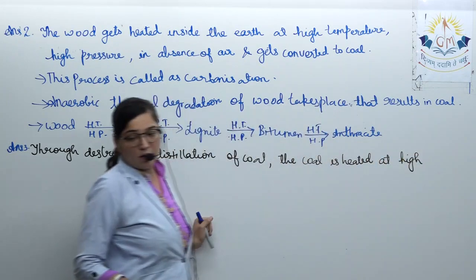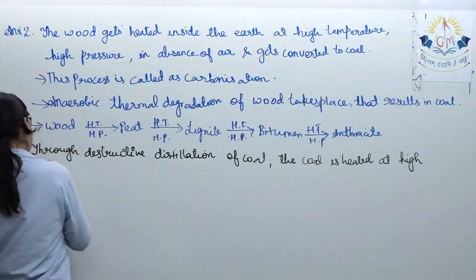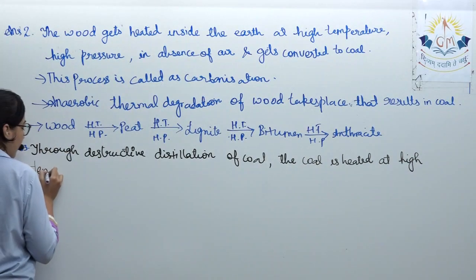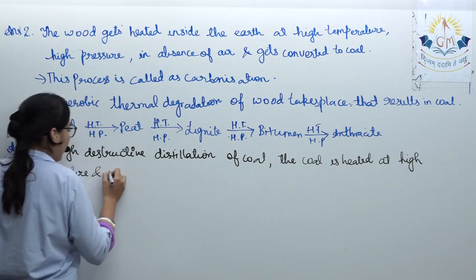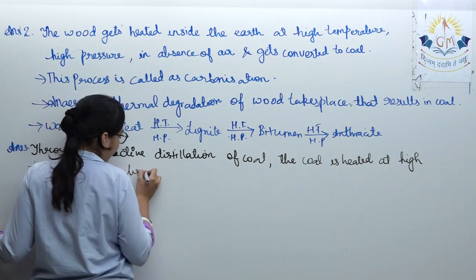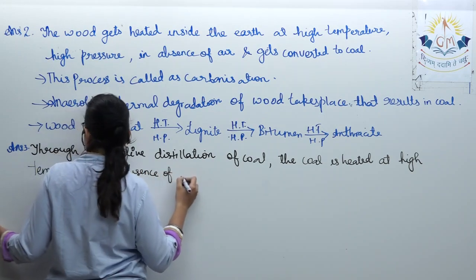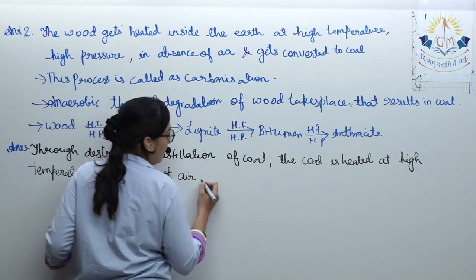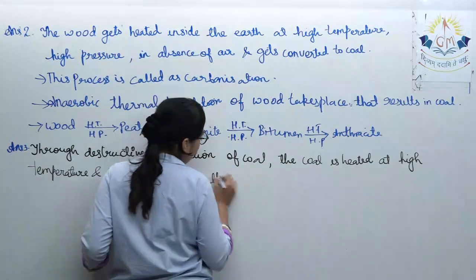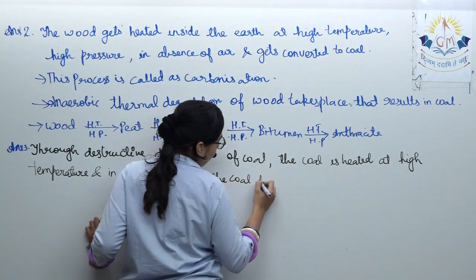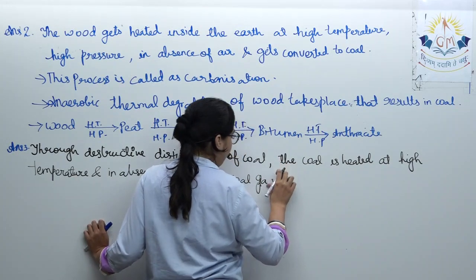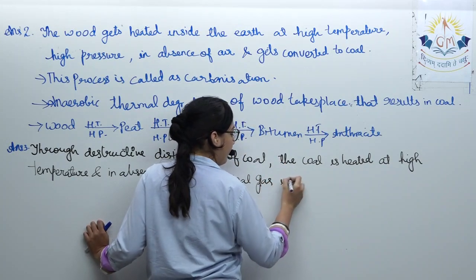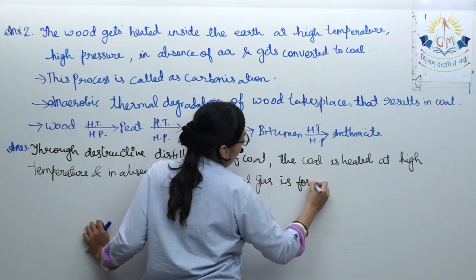At a high temperature and in the absence of air, gas is formed. So this is how we get coal gas.